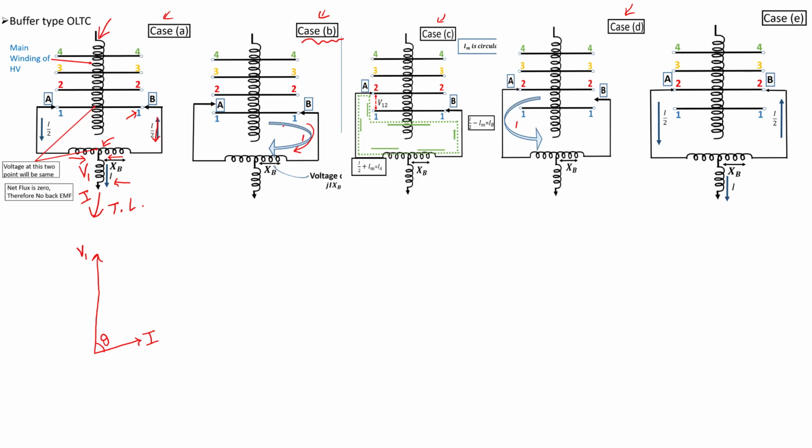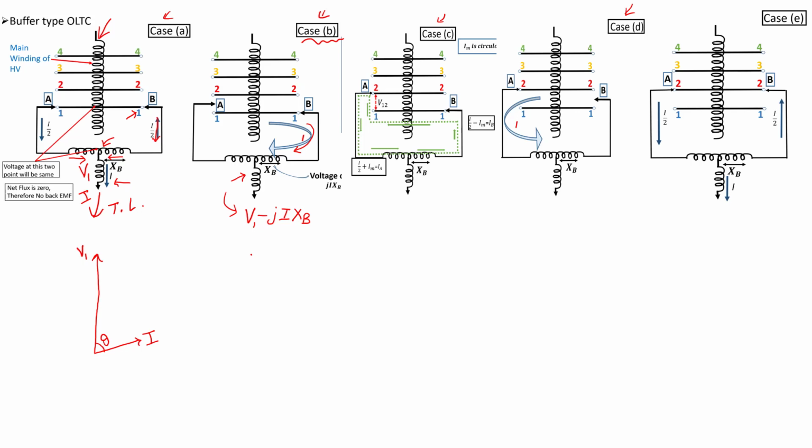Since the entire current is flowing through only half of this reactor, suppose XB is the reactance of this, then there will be a drop corresponding to it. So the voltage of the transmission line is given by V1 minus jI XB, whatever the reactance XB is.